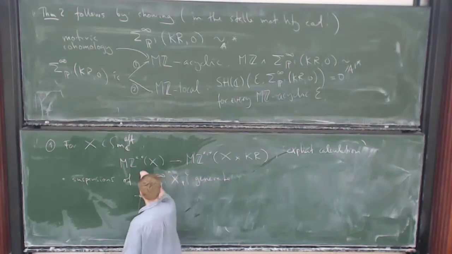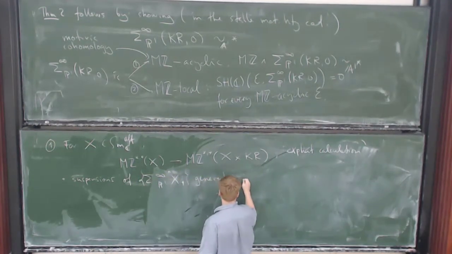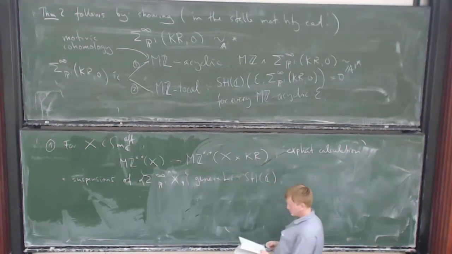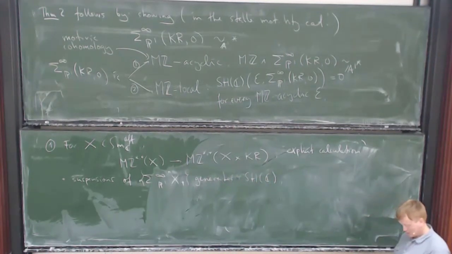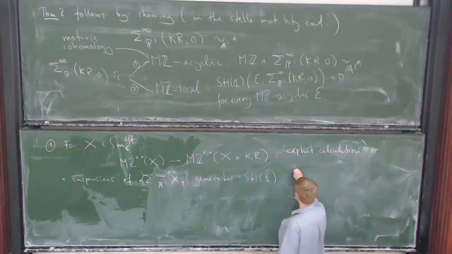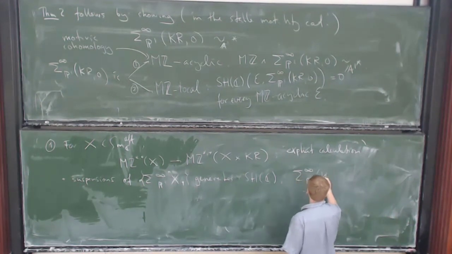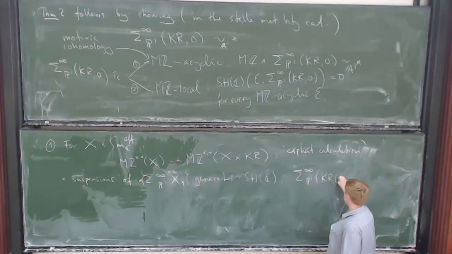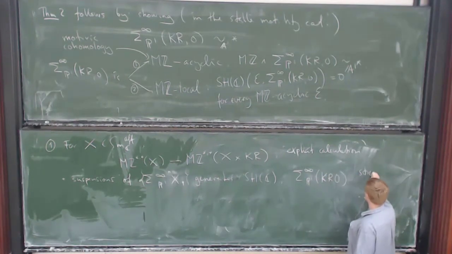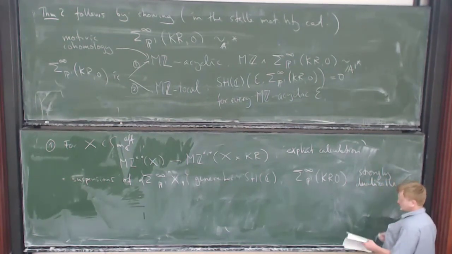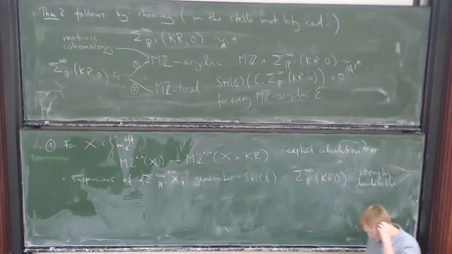So taken together, this generates SH of C. And there's also a duality argument coming in here, namely that the suspension spectrum of Kr is dualizable, or strongly dualizable. Okay, so there is a bit to do there.